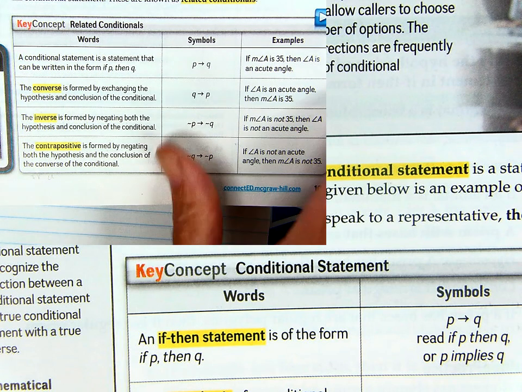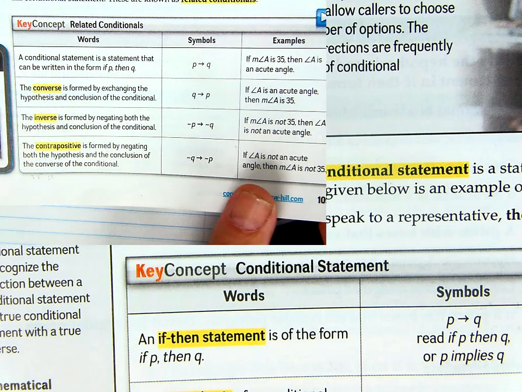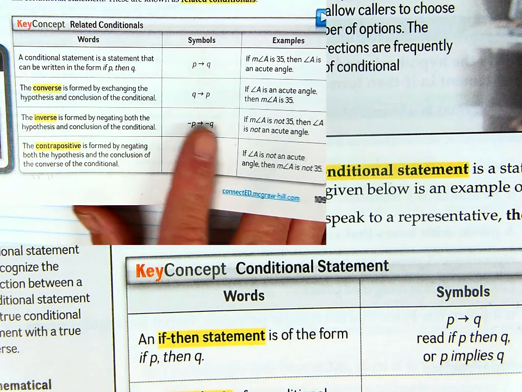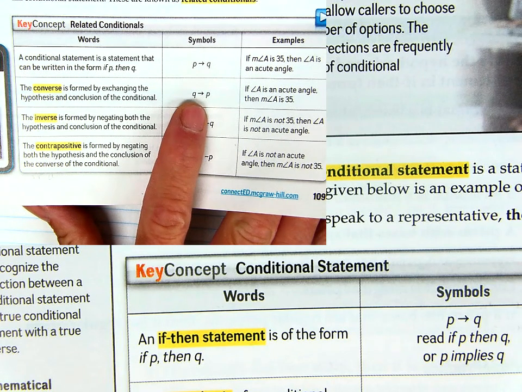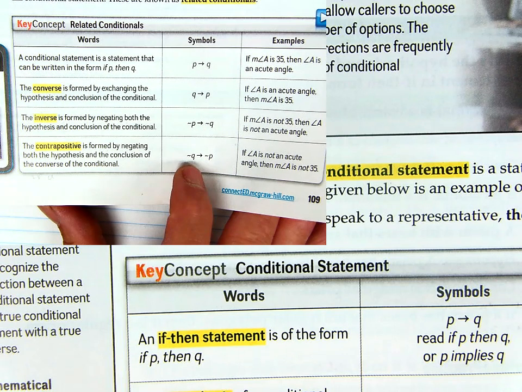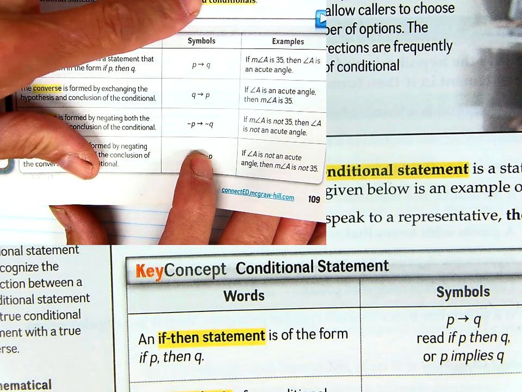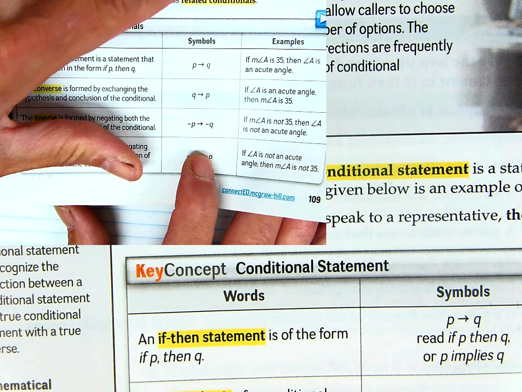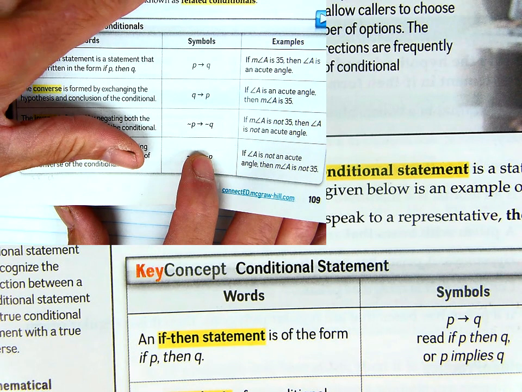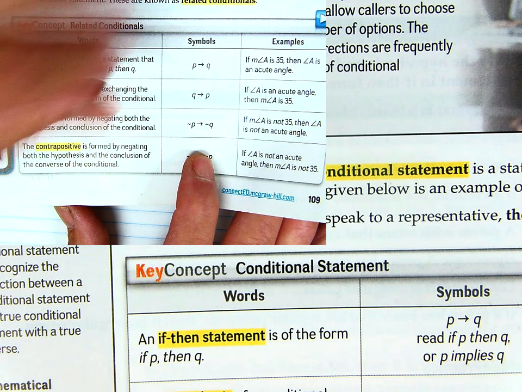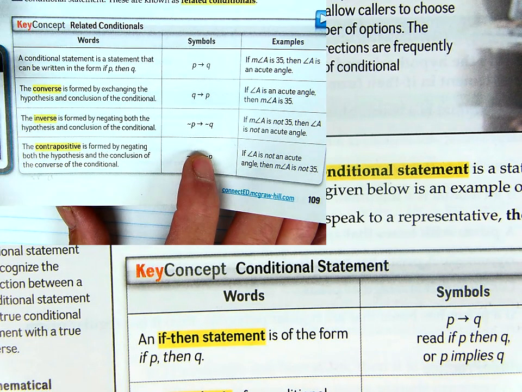Okay. So we have the original statement, and we have converse, inverse, contrapositive. Before I flip the page, on the next page they're going to talk about logically equivalent, and that means having the same truth value.